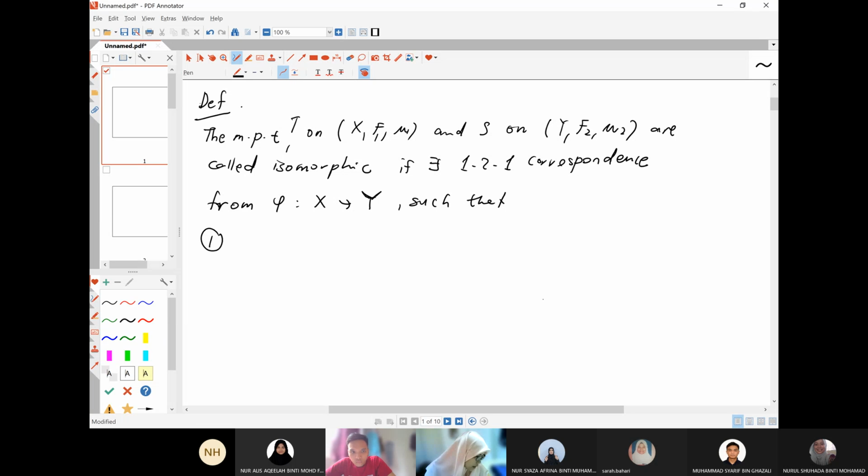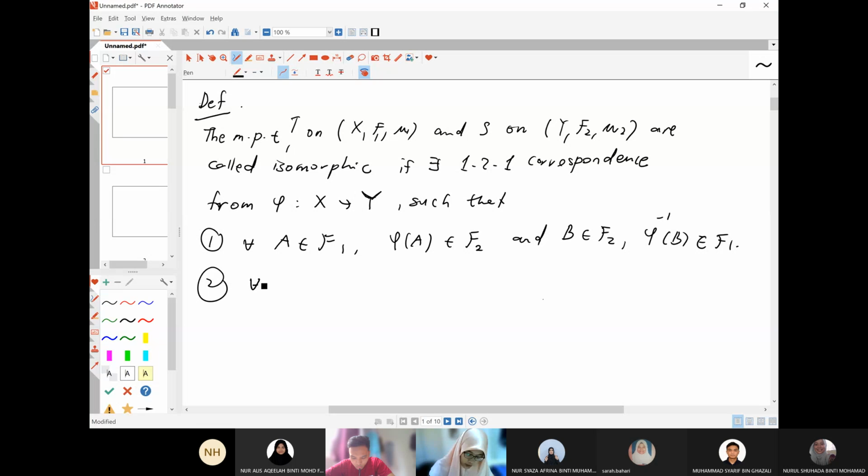The first one is, for any A in the first sigma algebra, the image phi of A is in F2, and for B from F2, the pre-image of B will be in F1.